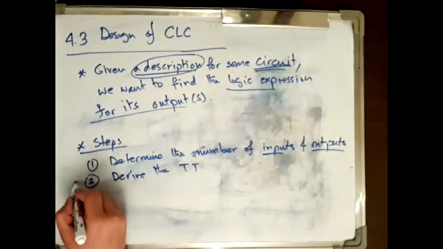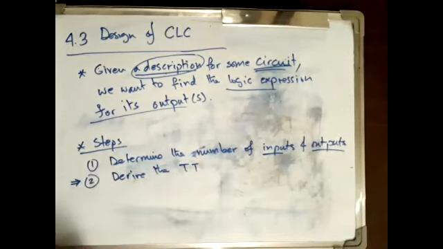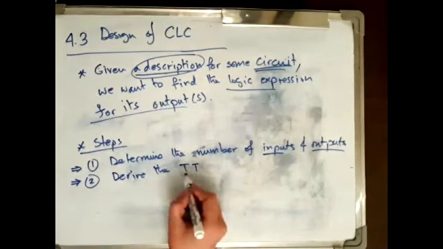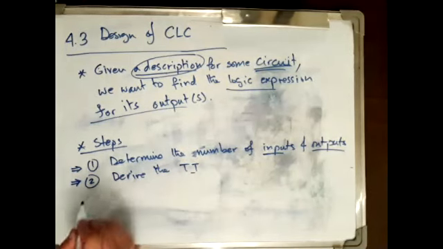This is a very important step, because once you have the truth table, if I give you the truth table of any circuit, can you give me the logic expression of the function implemented by it? Yes, we have already done that in chapters 1 and 3.